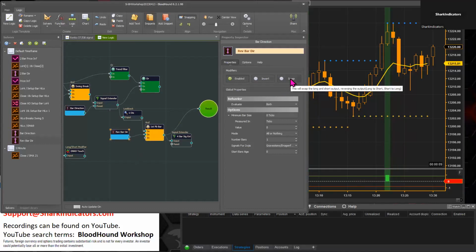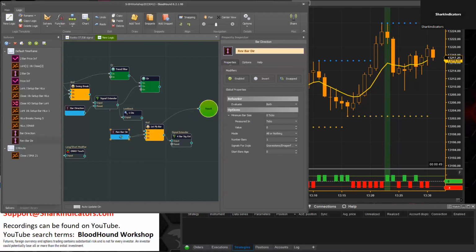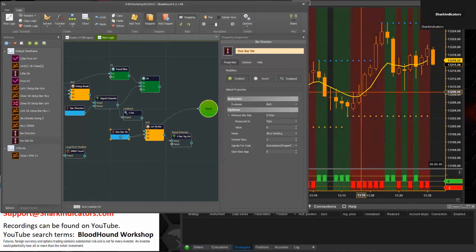And then, right, you'll notice we're only left the long signal on an up bar, but we want the long signal on the down bar because the down bar, that's our first pullback bar. So if I hit the swap on a bar direction, there we go, right? So the swap, what's that doing? When we get up bars, we swap the signals.